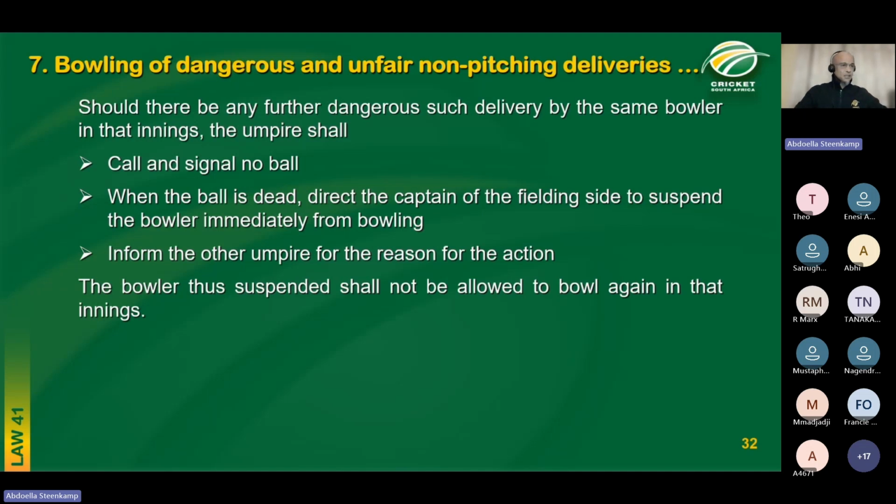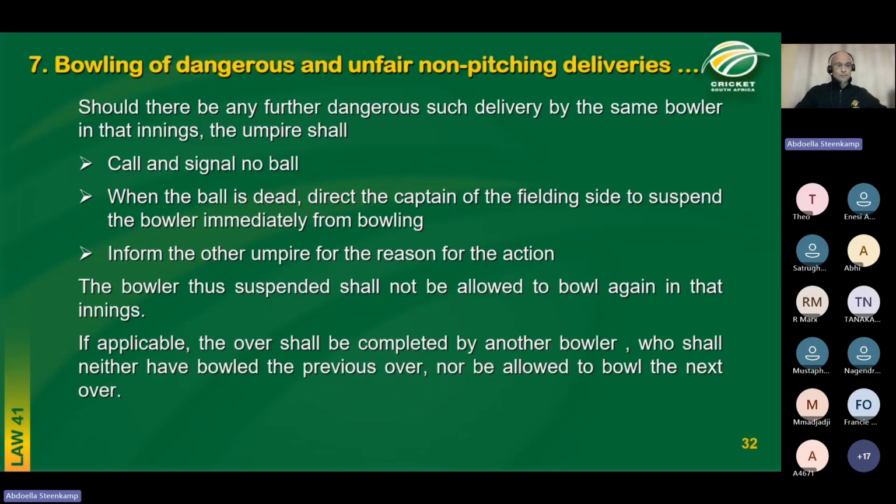So if it was the first innings of, let's say, a Test match, that bowler will be suspended for the first innings only. When the second innings starts, the bowler will start with a clean slate again. If this happened mid-over, let's say on the third ball of the over, there are still four balls remaining in the over.